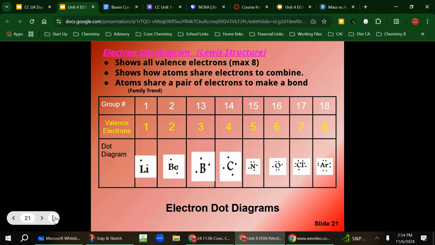So this is called a dot diagram, and it's showing the 8 electrons around the noble gases. This shows the 7 electrons around the halogen family, the 6 electrons around the oxygen, the 5 electrons around nitrogen. We will not have a lot of time to get into this, ladies and gentlemen, but I just wanted to show that to you.